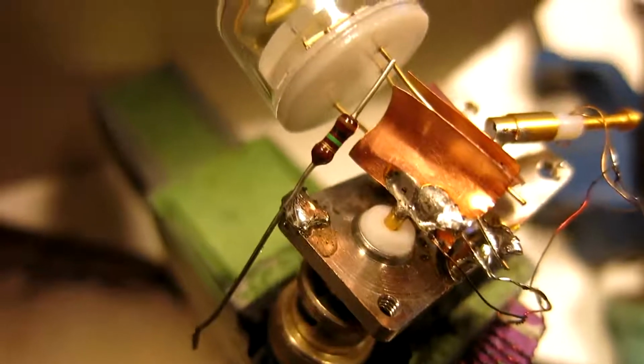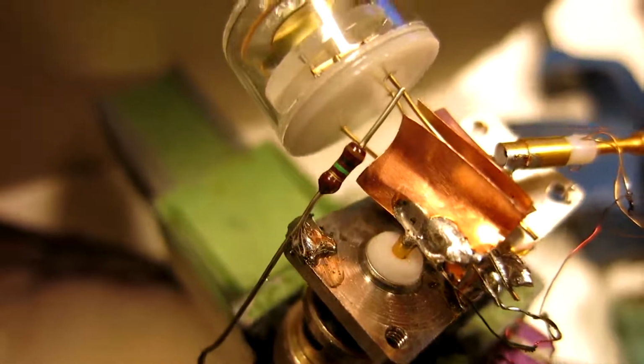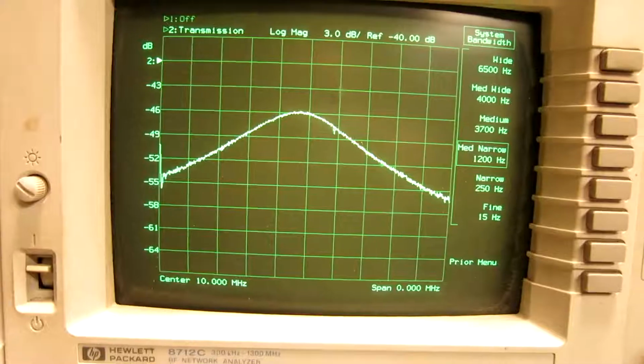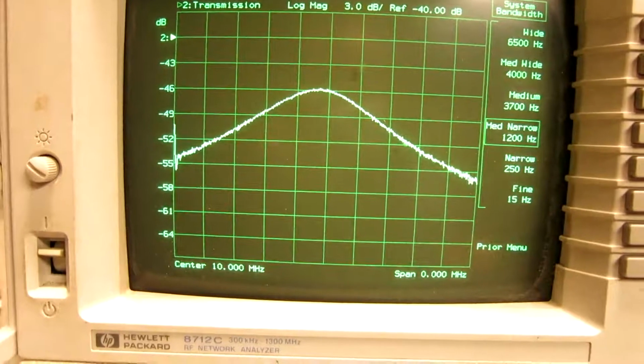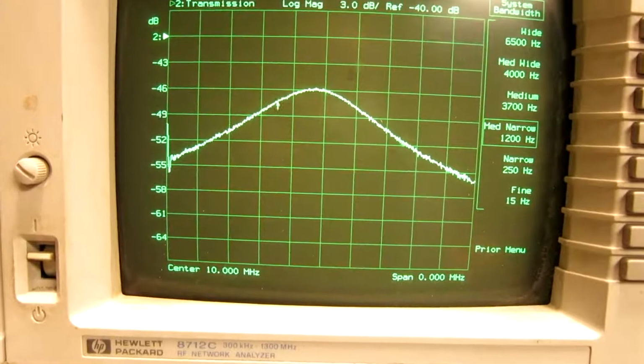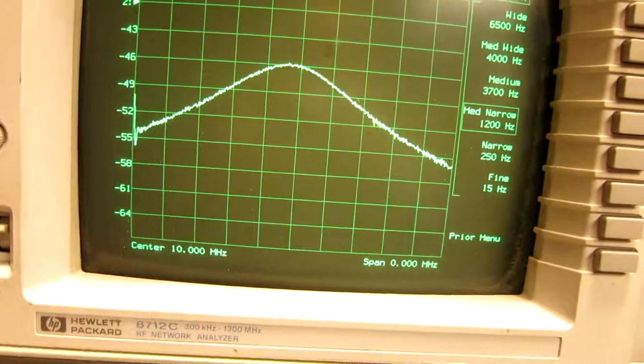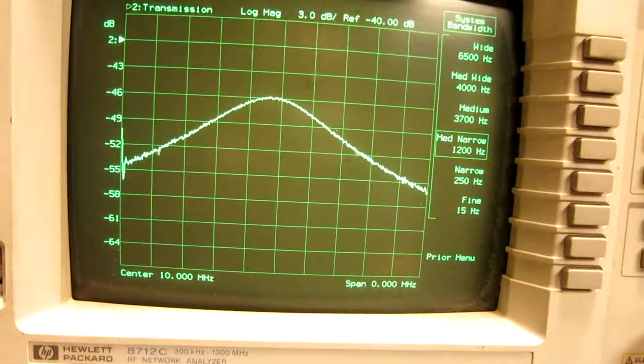Now I have placed a 1 megohm resistor in parallel with the crystal, and I'm running the network analyzer a little faster because there is a frequency drift after I had the soldering iron in the neighborhood.